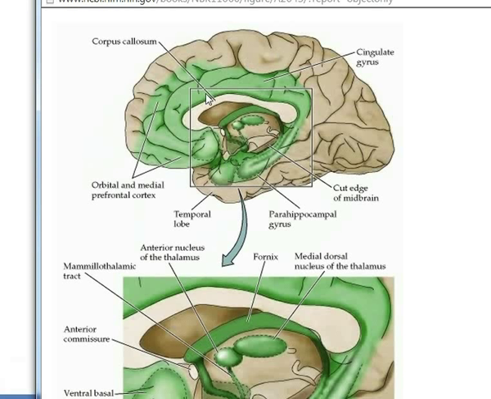So in green here, we have some of the cortical structures that give rise to the hippocampal formation or the processing of emotions, including the parahippocampal gyrus and the cingulate gyrus. You also have orbital and medial prefrontal cortex that are involved as well.